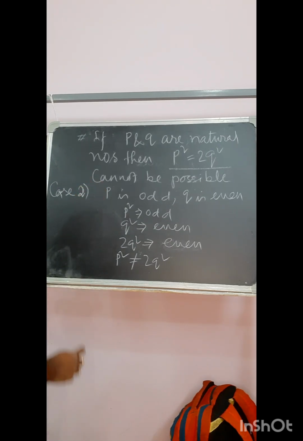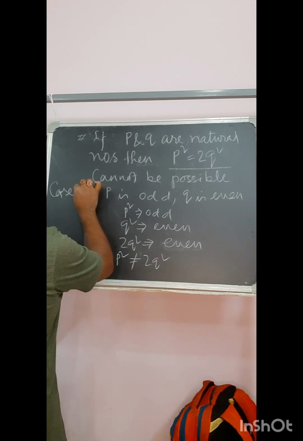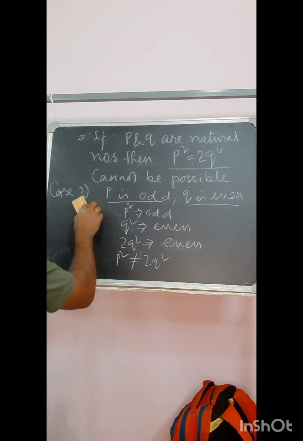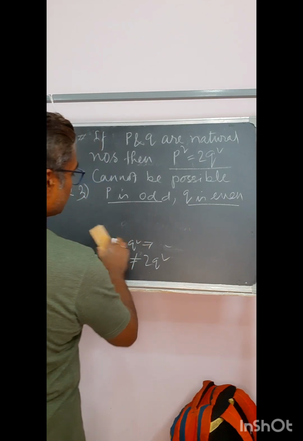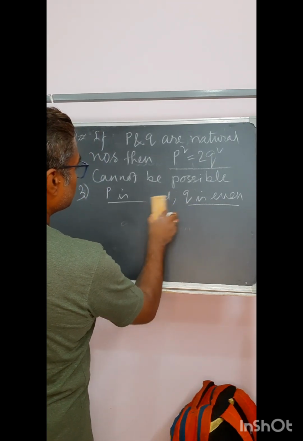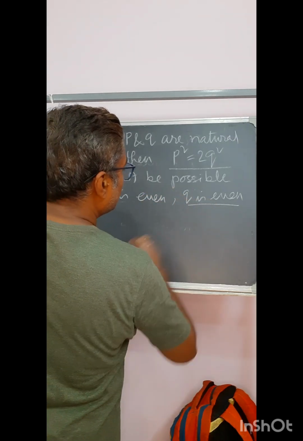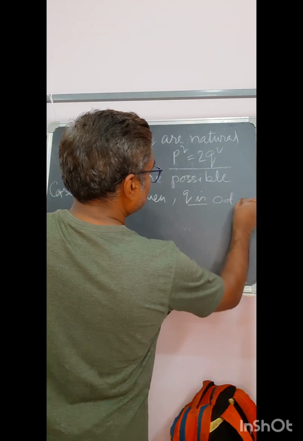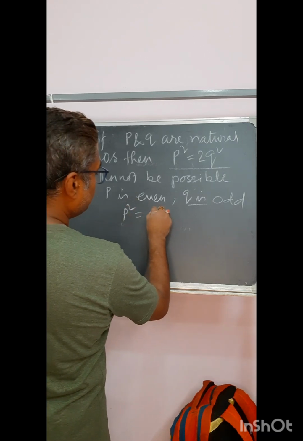Now coming to case 3. In case 2 I explained, P is odd, Q is even. In case 3 I'll make it opposite, where P is even and Q is odd. Then in that case P square is even.